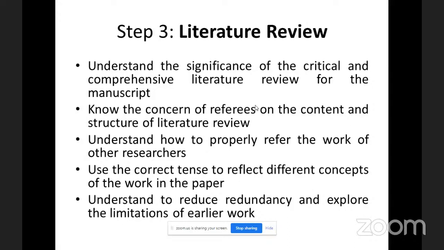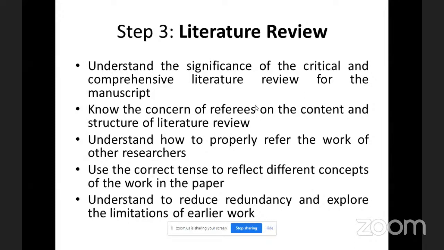Reduce redundancy. Redundancy means, I have seen many times when I review papers, people write so many things about a particular paper. If they are utilizing 10 papers, for each paper they are providing 6, 7, 8 lines. That is not a correct way to write a literature review.